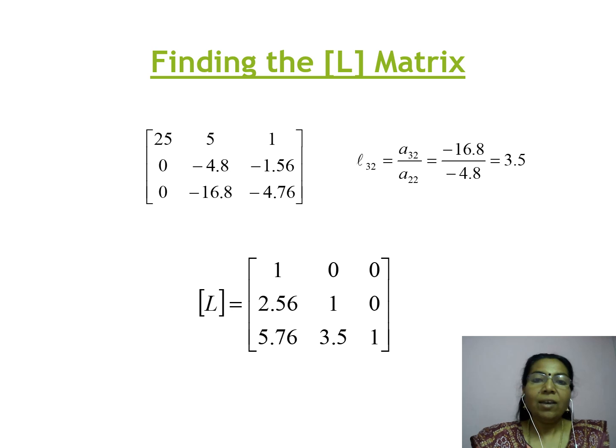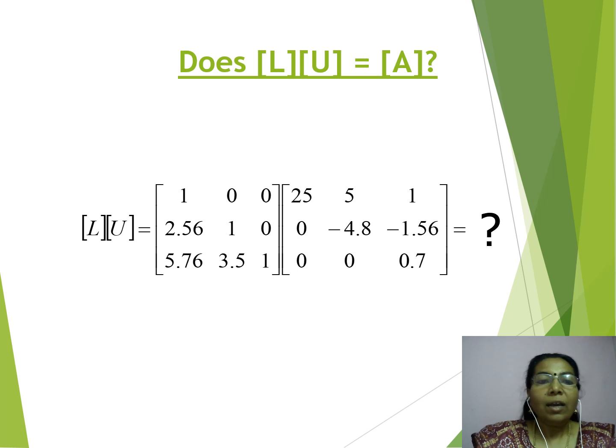So in this way, we get the lower triangular matrix as 1, 0, 0, 2.56, 1, 0, 5.76, 3.5 and 1. Everybody may have the question whether the product of L and U is equal to the matrix A. Yes, of course, the product of the lower triangular and the upper triangular matrix will always be the given matrix A.